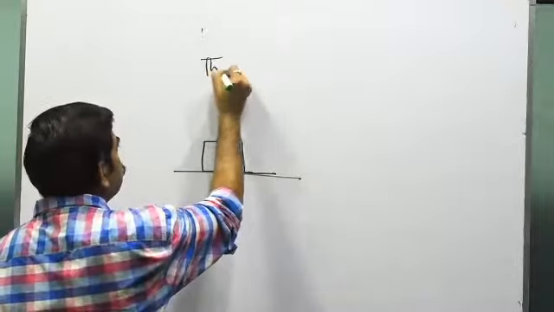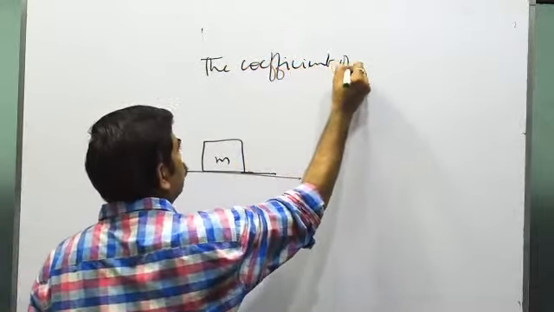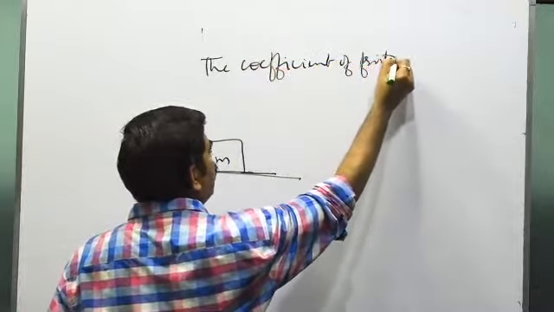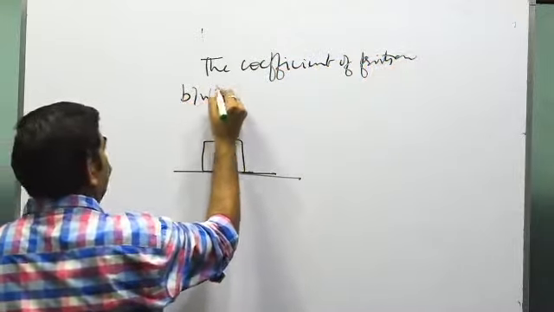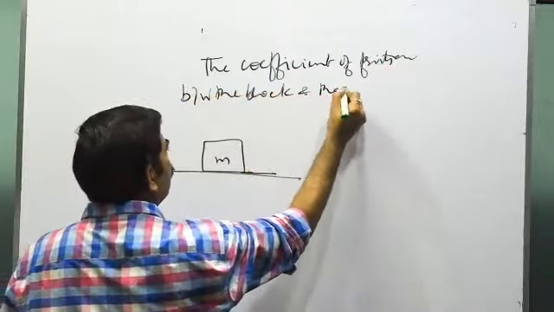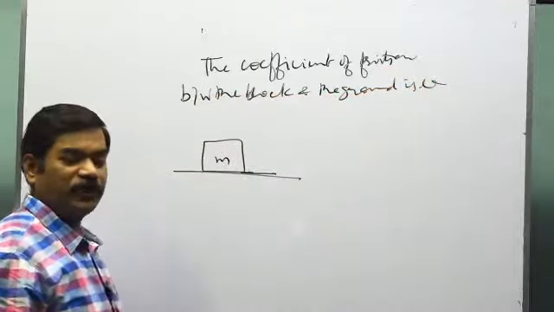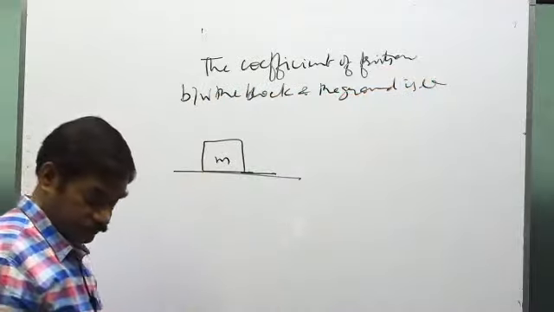The coefficient of friction between the block and the ground is mu. Coefficient of friction between the block and the ground is what? Mu.